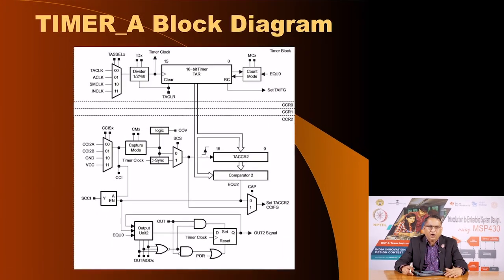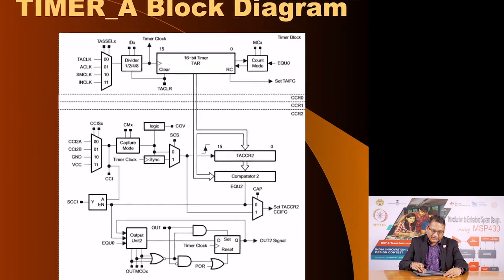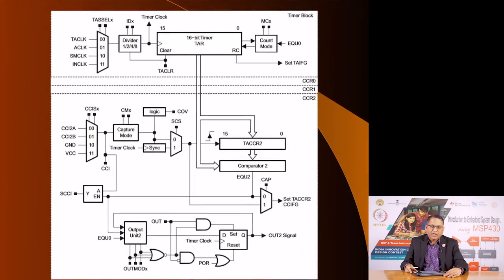So, let us see how the timer modes allow us to generate the PWM signal. For that, please look at this block diagram of the timer. As we saw in a previous lecture on timer operation, it consists of many parts. The most important part is the timer, which in this case is a 16 bit timer.